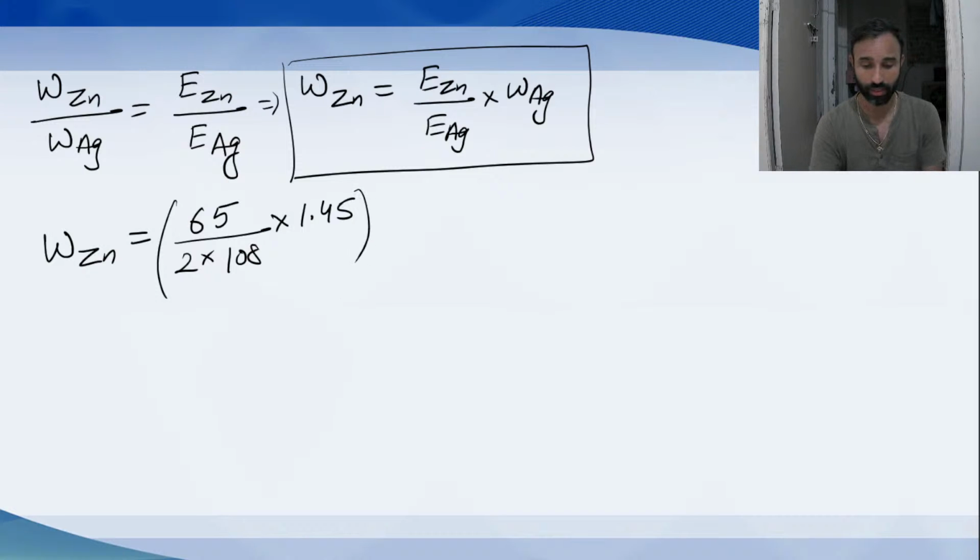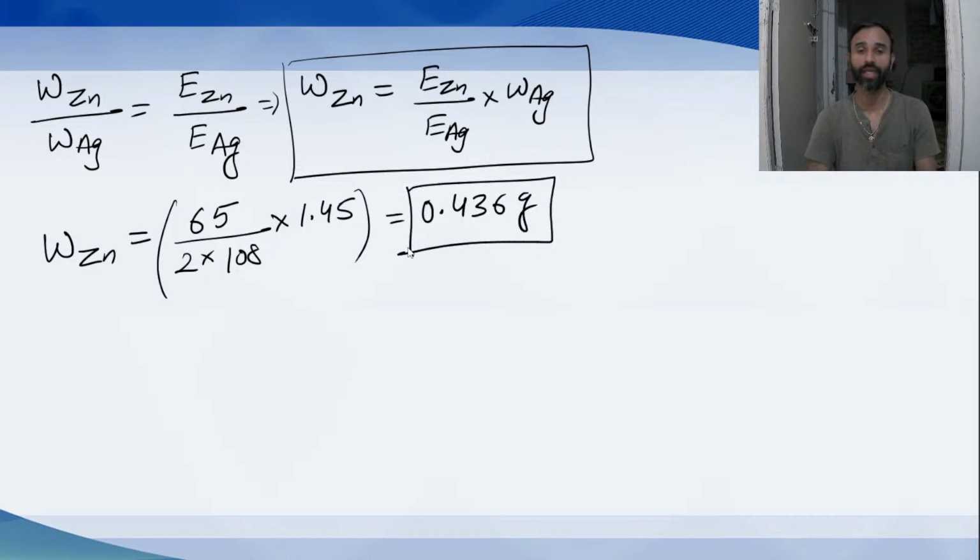So it is 65 into 1.45 divided by 2 divided by 108. That is 0.436 gram. That is the weight of zinc deposited.